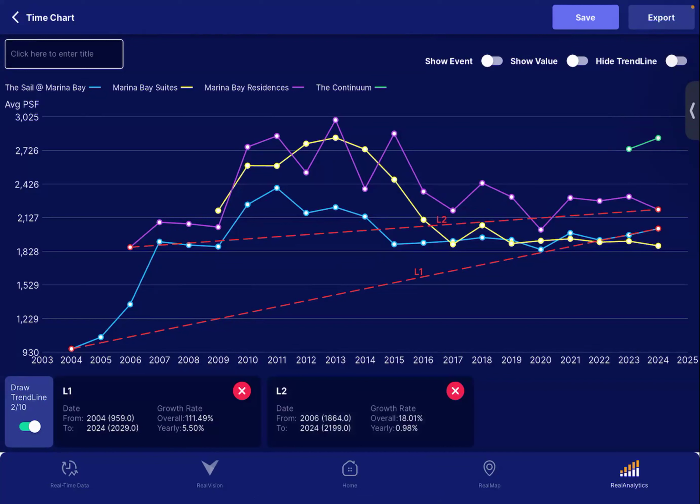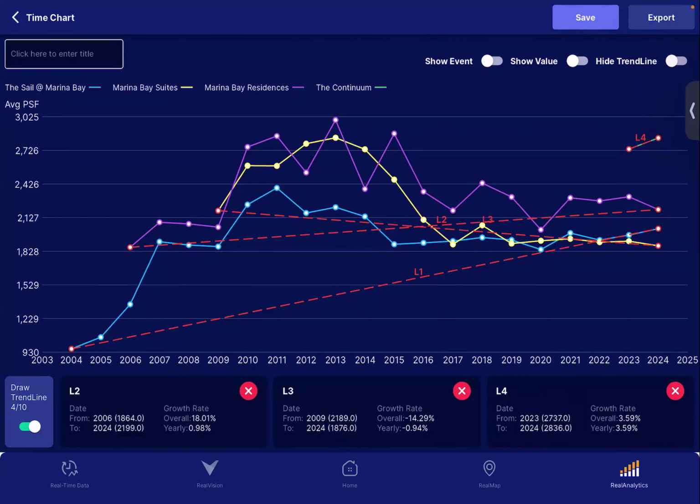Side by side, one grew by 100%, one grew by 18%, at almost the same timing of launch. This yellow one is even worse. My buyer said this one in fact lost money. Whereas your Continuum line number 4 has already raised by 4% since launch. Last year's launch was selling at 2.7, now it's already selling at 2.8.